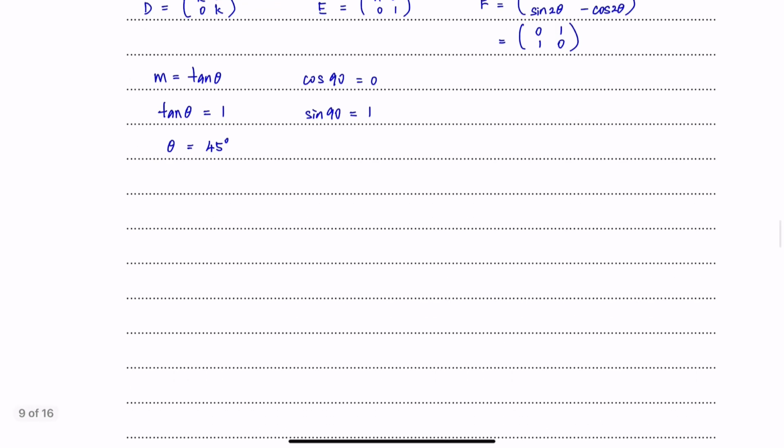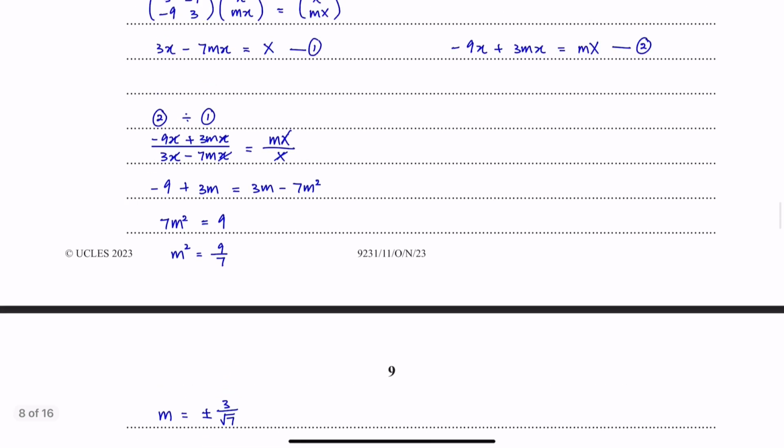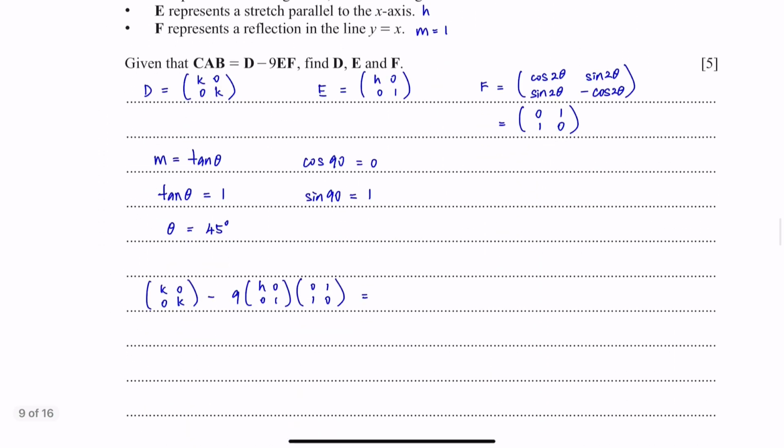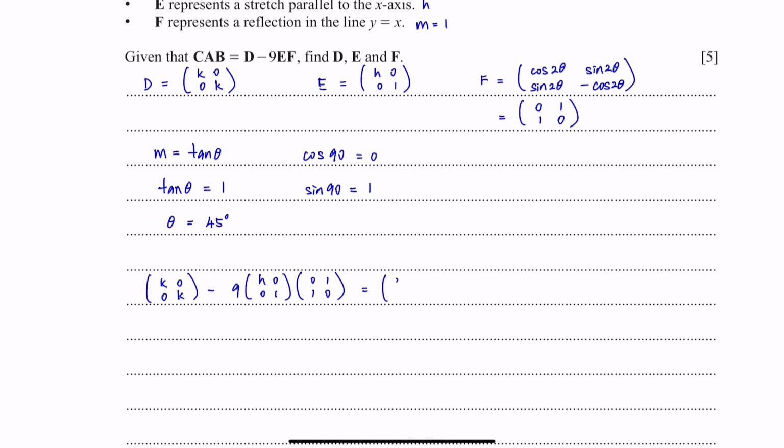D minus 9EF is equal to this one, CAB. It's 3, negative 7, negative 9, and 3.